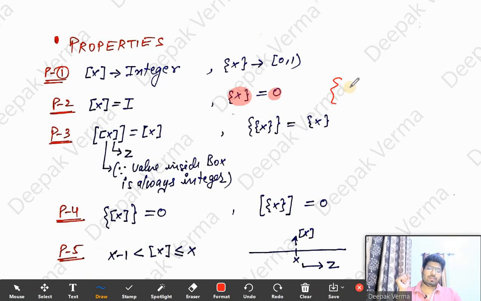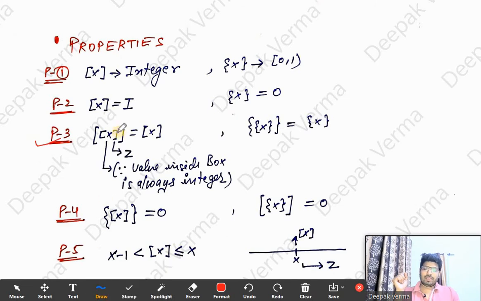If I ask you what is the fractional part of, let us take any integer in place of x, we are taking x equals 3. Then what will be the value of the fractional part of 3? Of course, there is no fractional part, we can see clearly here. So the answer is 0 of course. So that is what we are trying to say over here. Got it? Now property 3.